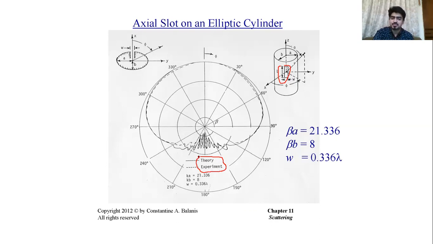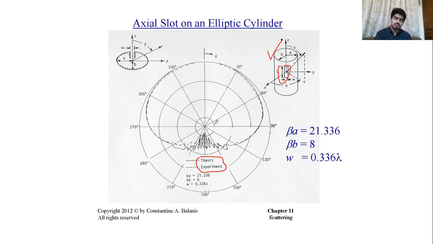As I mentioned, for this kind of structure you can derive the exact solutions, but you will have to use the Mathieu function when we try to solve these elliptical cylindrical structures, which is similar to what we use in the case of circular cylinders.